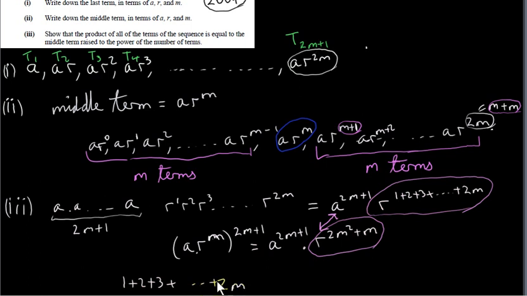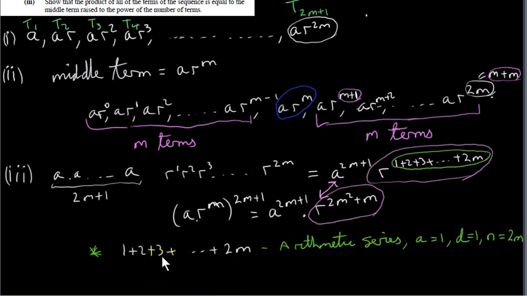So we need to look at this sum here. If you notice this series here, you'll see that it's an arithmetic series. That's the power here. The first term a is 1, the common difference d is 1, because 1 plus 1 is 2, 2 plus 1 is 3, and so on. And the number of terms n is 2m, which happens to be equal to the nth term as well.